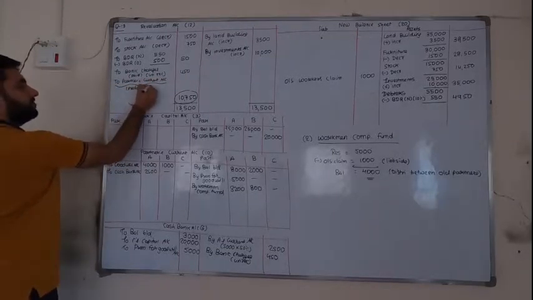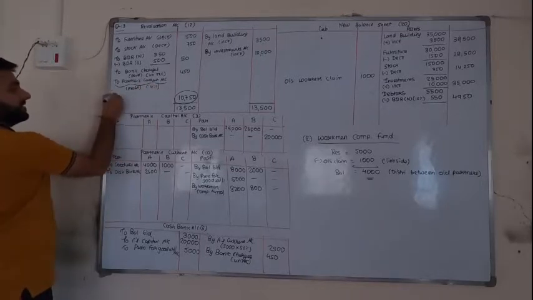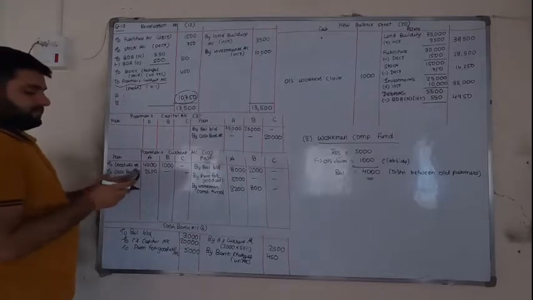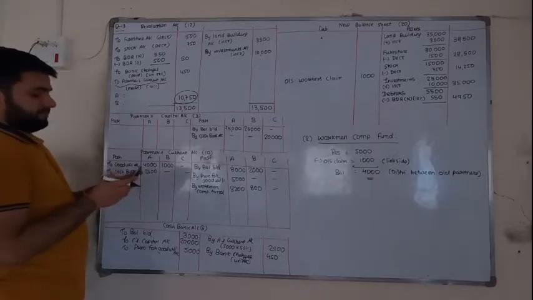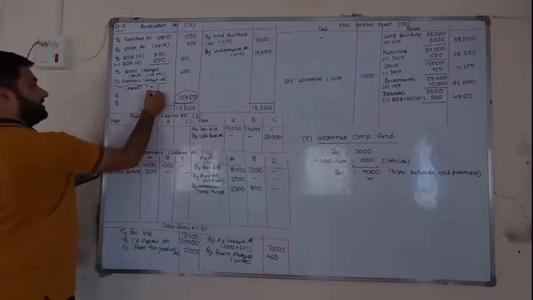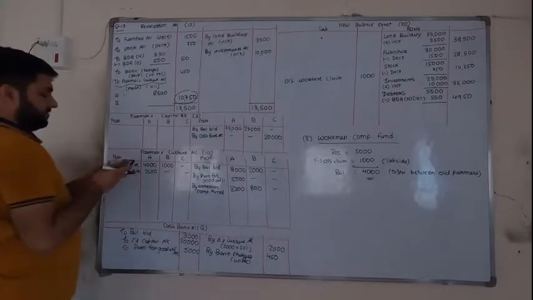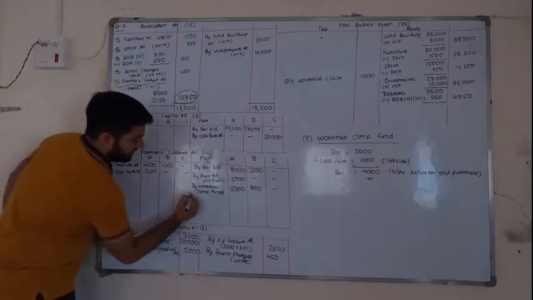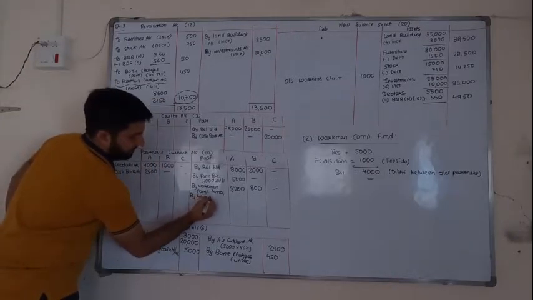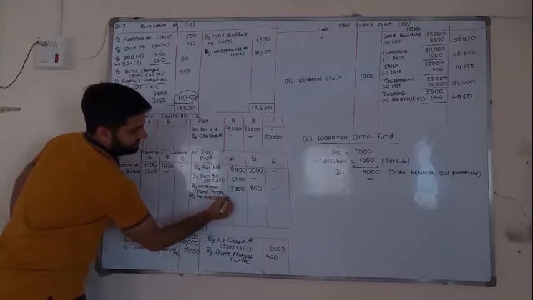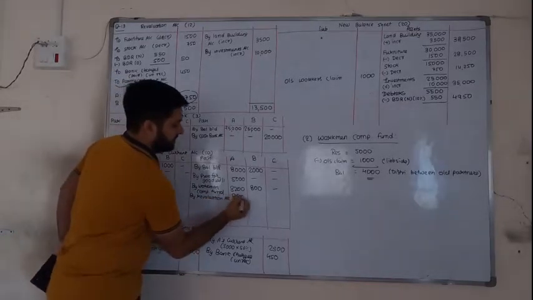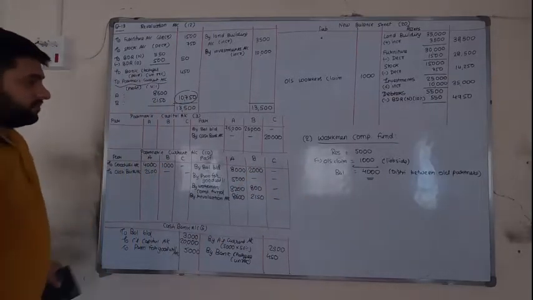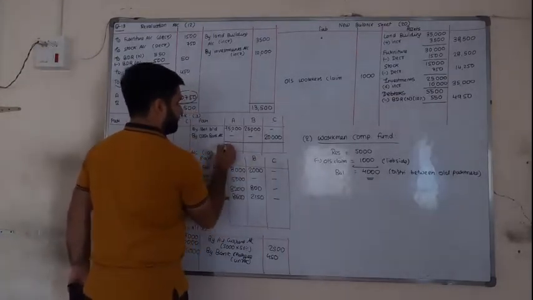Profit in the ratio of 4:1 between A, B. Okay, 10,750 divided by 5 into 4, 8,600, 1 equals 2,150. Now here credit side, by revaluation account 8,600, 2,150. Now we shall close the capital account.